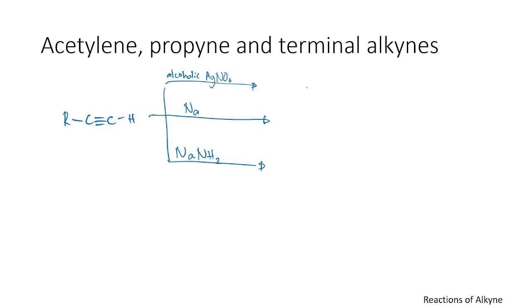So basically, what will happen here is for this one, we will have here our R. We will just replace our hydrogen since ito ay magiging negative. Ito ay magiging H plus or positive. That H plus will actually attach itself to the nitrate part. So what will happen here is we will have here our acetylide ion and our silver.